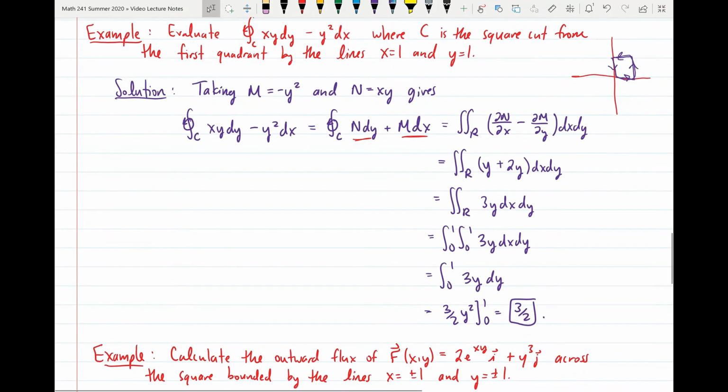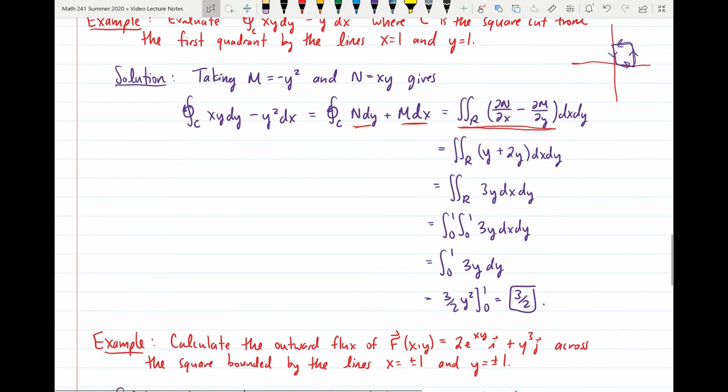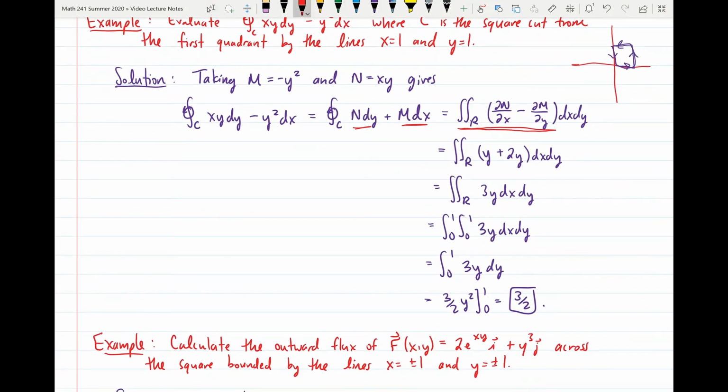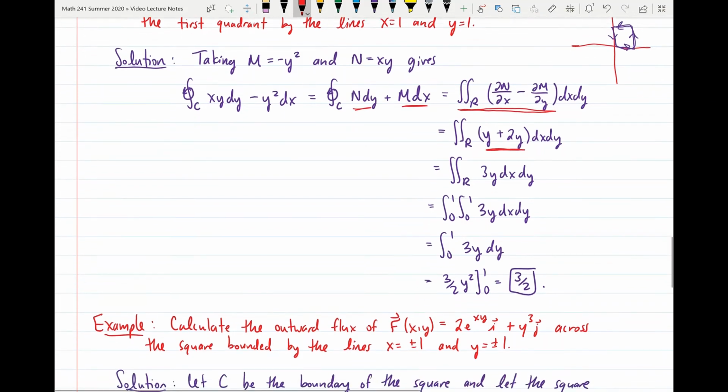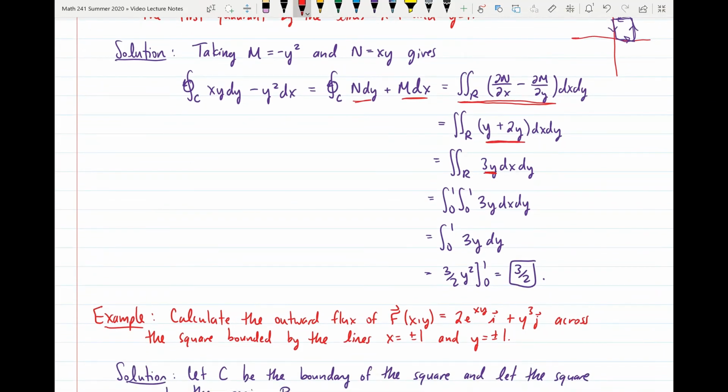And using Green's theorem, this will equal the double integral of partial N with respect to x minus partial M with respect to y over the region R that's being enclosed by the boundary of the square. And partial N with respect to x will give us a y, and partial M with respect to y will give us a minus 2y, so we end up with a y plus 2y as the integrand here, which of course just gives us a 3y.